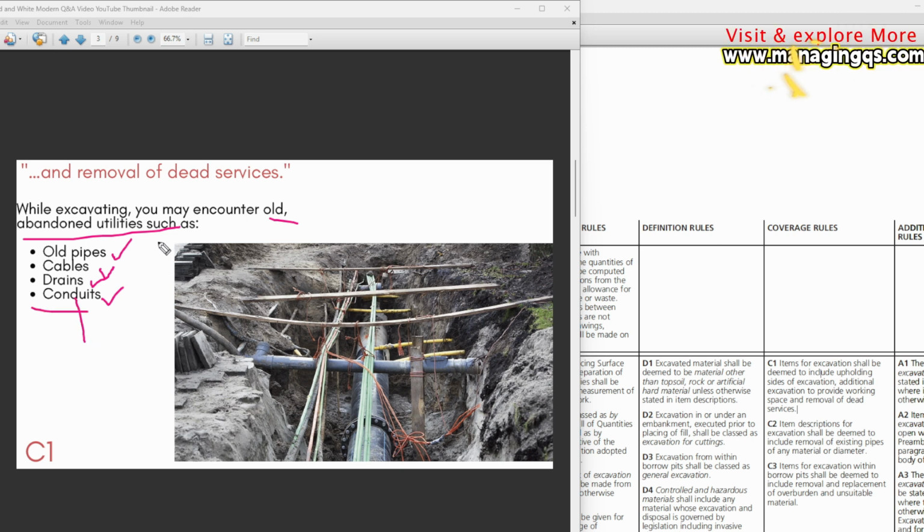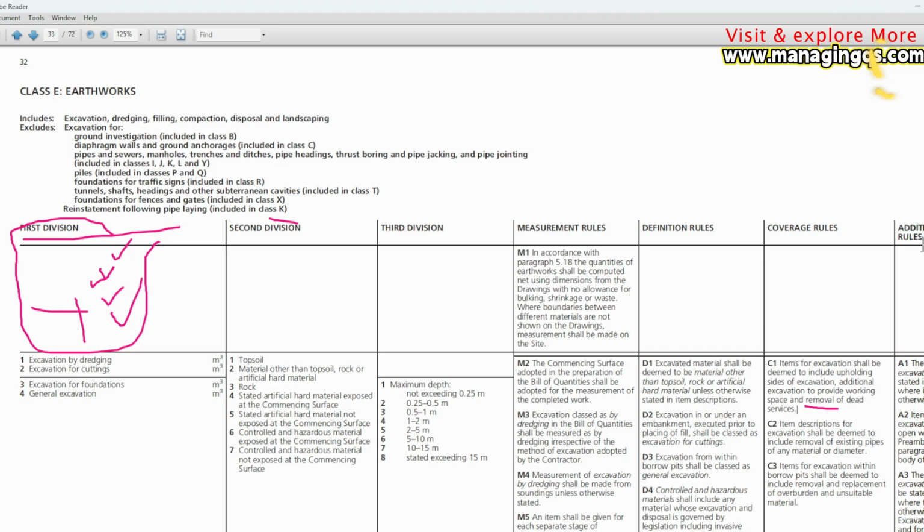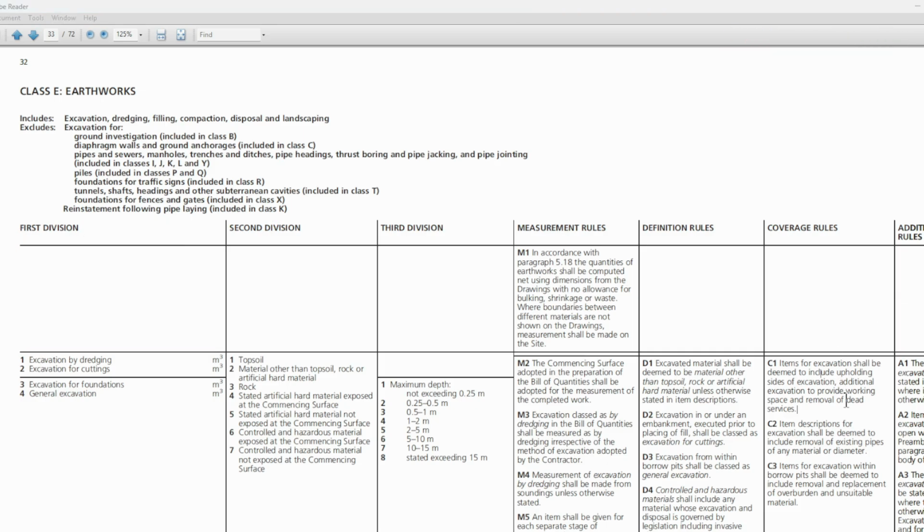These are abandoned old utilities. When you excavate, you can find these items, so you have to remove them. This removal cost should also be included under your excavation rate. Sometimes contractors are not aware of these points, so they start to claim for the removal of dead services. They will prepare a variation order, or they are ready to claim additionally.